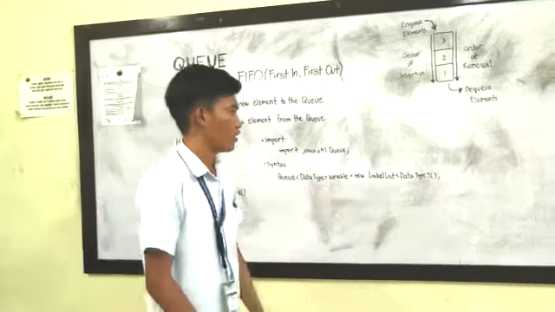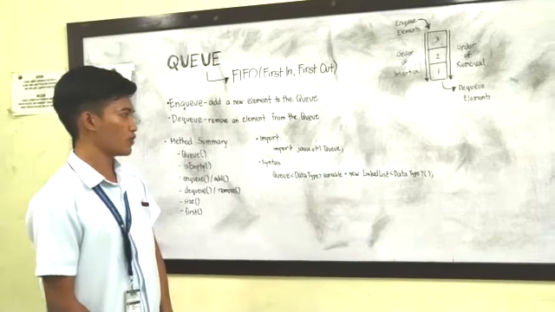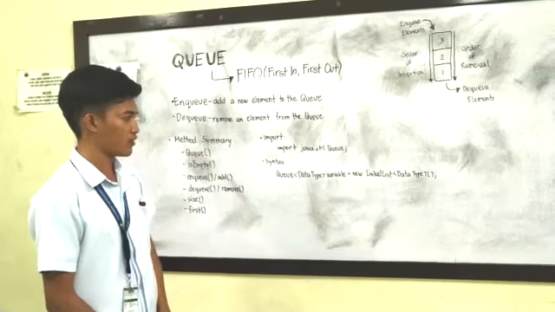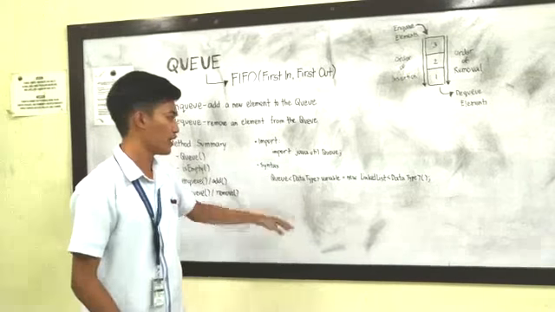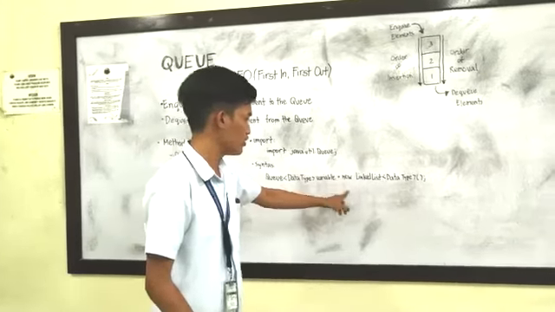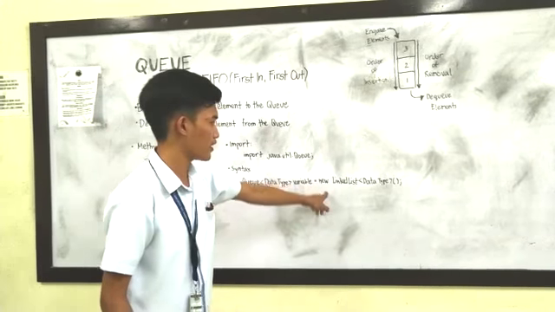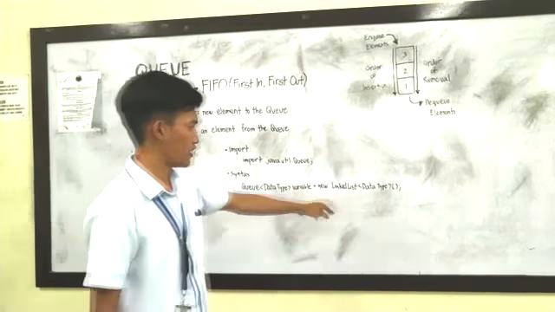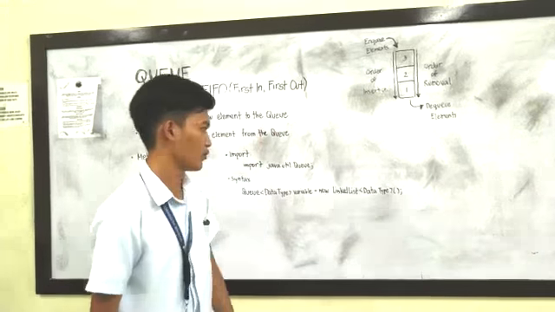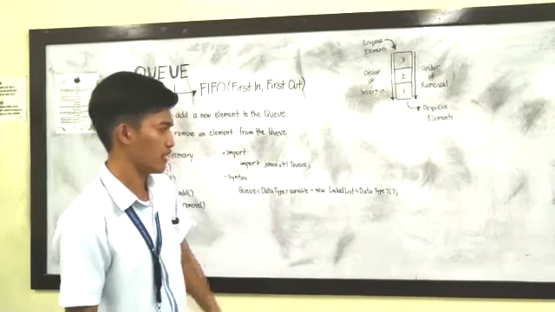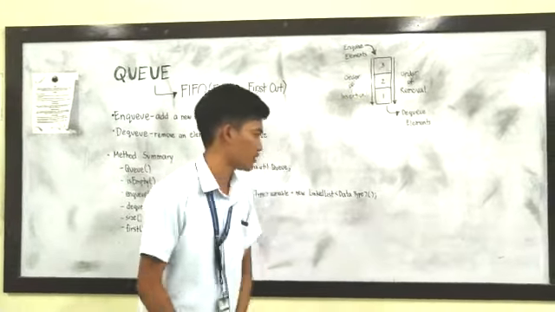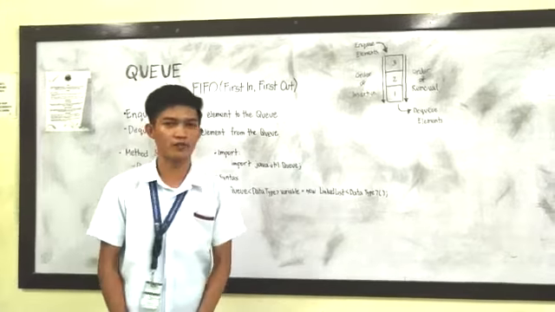Then the variable, where the user can choose whatever he or she wants as a variable in the program, equals new LinkedList, with an uppercase L, and another data type with the less than and greater than symbols, open and close parentheses, and ends with a semicolon.